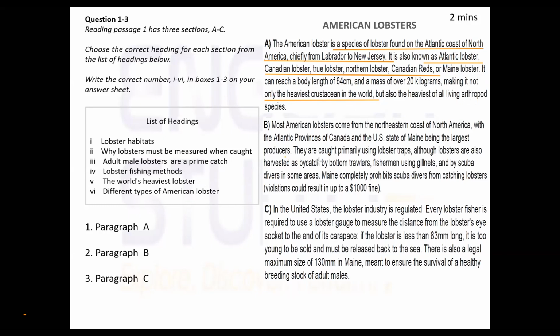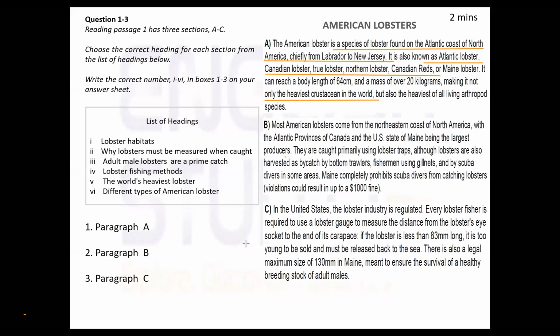Okay, how about paragraph B, sorry. Paragraph B, Mr. Noval, could you please explain? Yes, Miss Aprilia. My answer for paragraph B is the heading for number 4, lobster fishing method.